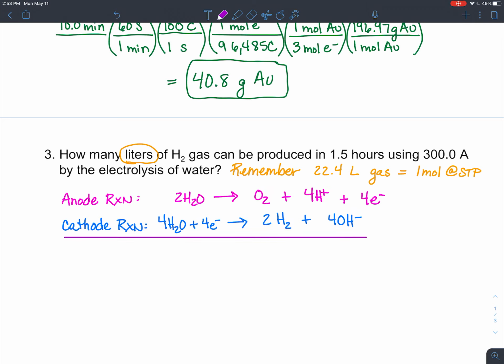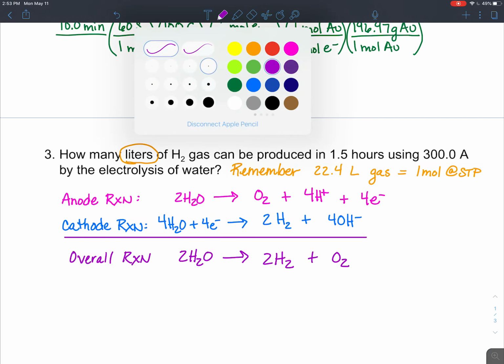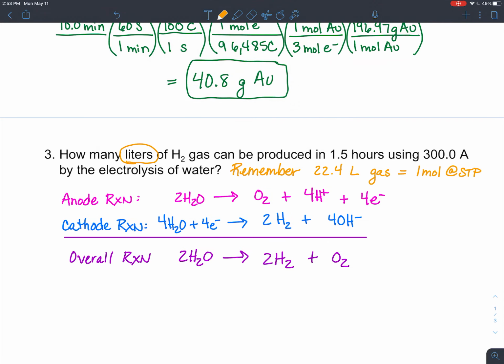Our overall reaction then, and this is always the case for the electrolysis of water, or the net reaction, is 2H2O changes into 2H2 plus O2. Now, why would we have to go through and see the half reactions? Well, that's what's telling us the number of electrons that are transferred. Otherwise, we wouldn't know. So this is telling us we have 4 electrons that are being transferred.